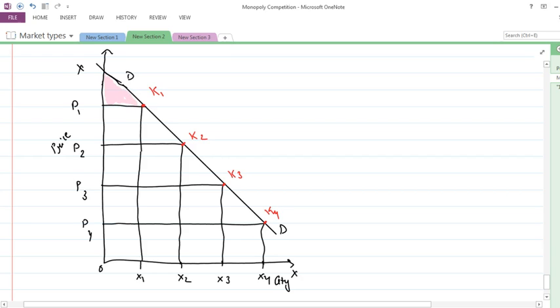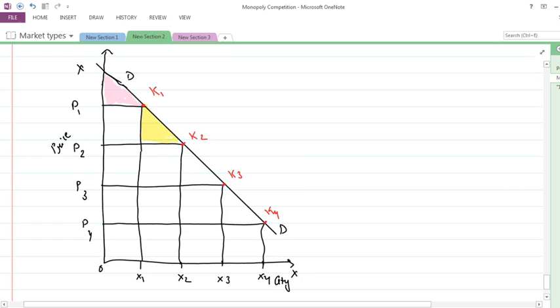On the other hand, in the same manner, other groups would be paying OP2 price, then OP3 price, OP4 price, and the second group's consumer surplus would be equal to this particular level.